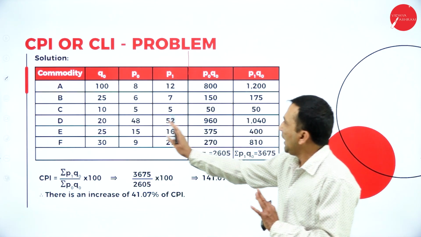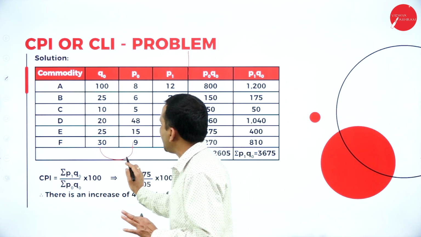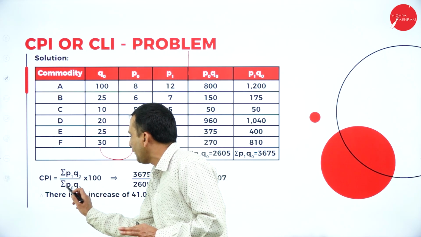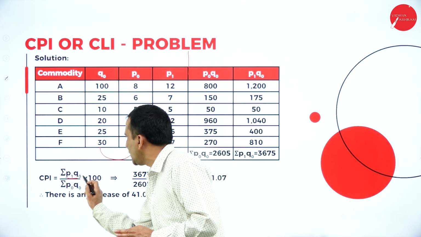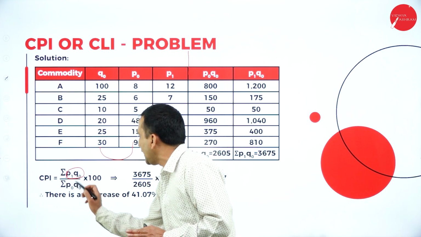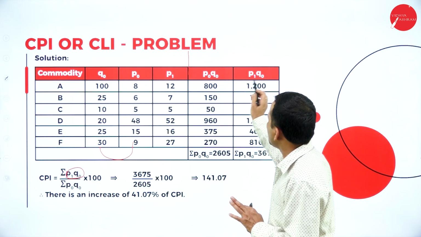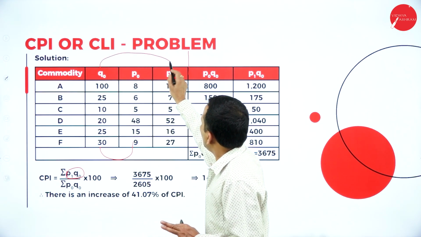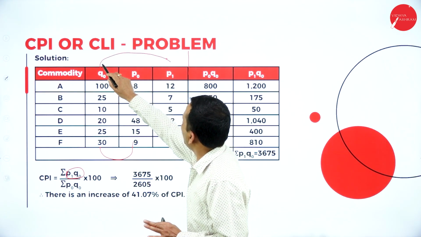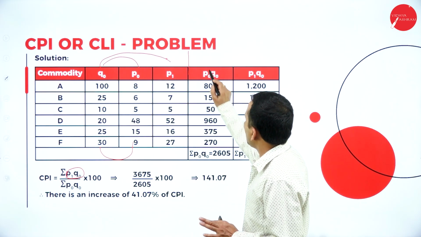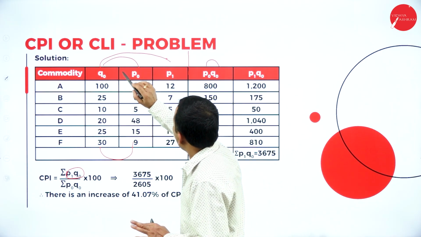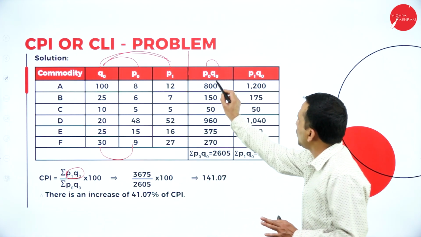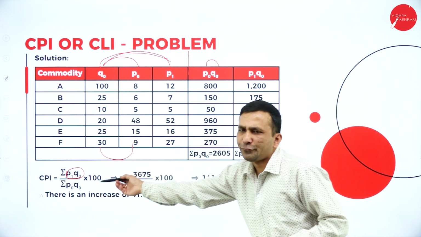With this, we are going to use the Laplace formula, sigma P1 Q0 divided by sigma P0 Q0. For the numerator we need P1 and Q0, and for the denominator P0 and Q0. So there are two combinations we make according to the formula.